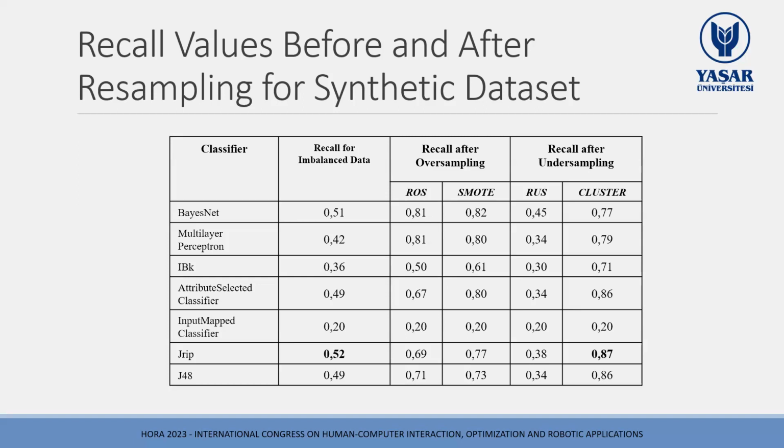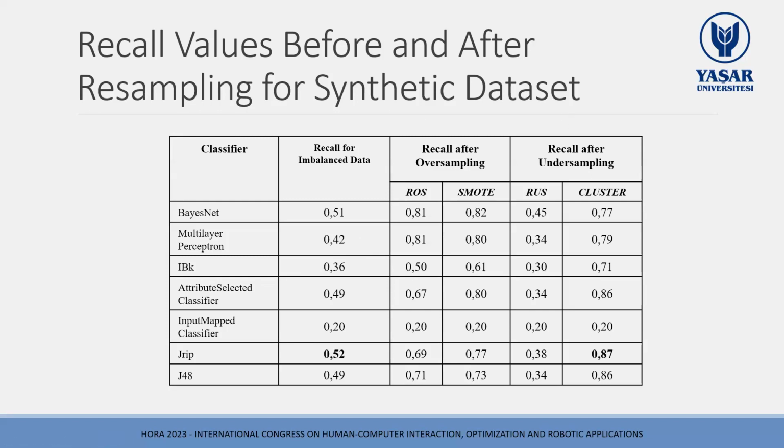The results here clearly demonstrate the effectiveness of these techniques in improving classification performance. Before resampling, these are the results, with most classifiers achieving below 0.5. However, after resampling, we observe a significant improvement in recall values.